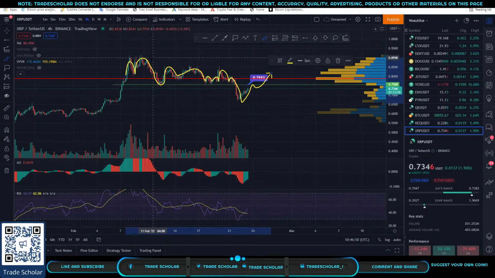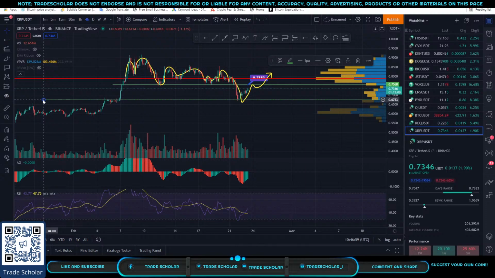We don't give up though, especially if we already broke out. We found support here, because resistance turned to support. This can be our trading area unless we break this one.